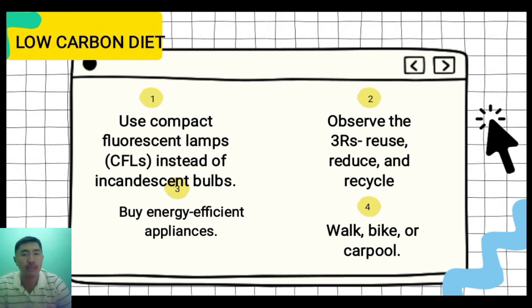Because by doing this, you can save energy. By walking, biking, or carpooling, you will not use fuel, so you can save fuel energy, and you will not release gases into the air, so it's very helpful.